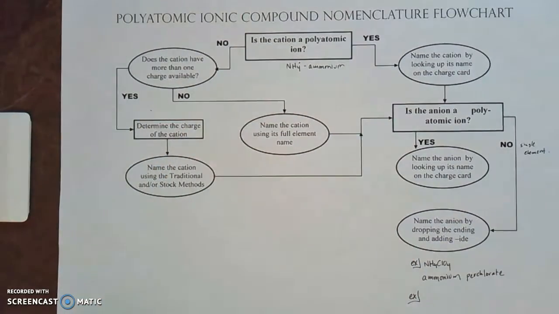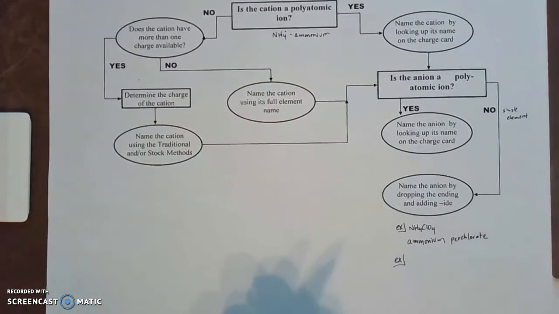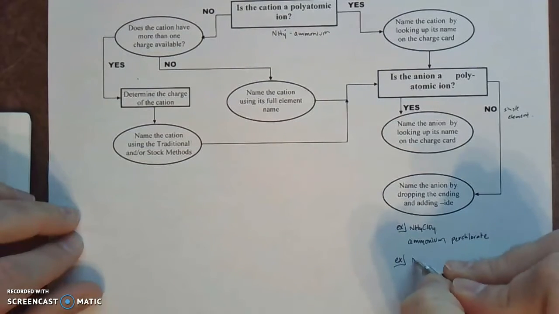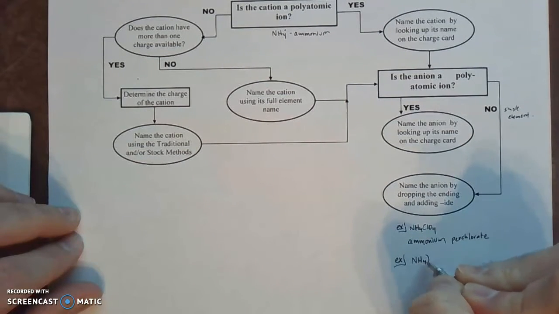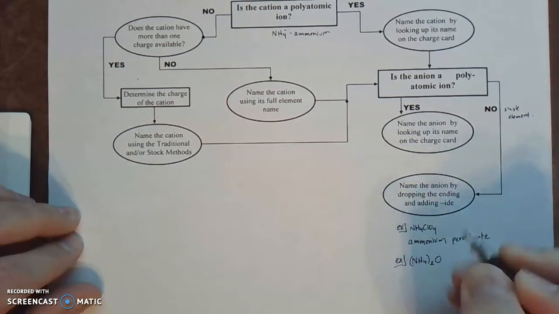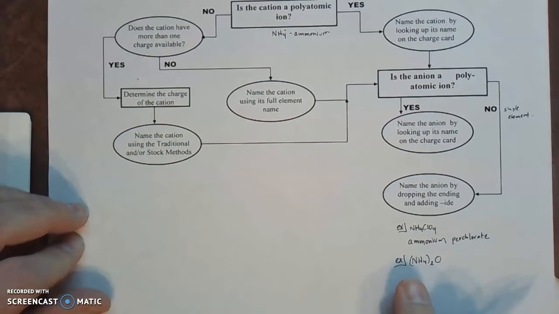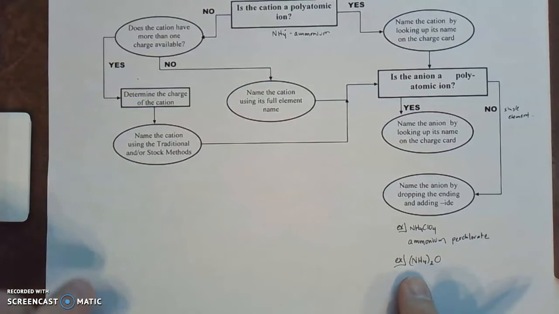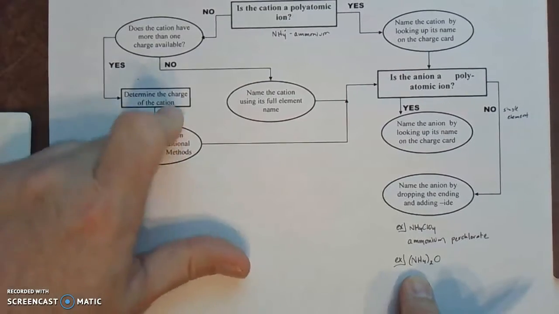If we look at a second example problem, you'll notice that this one we have parentheses. If you see parentheses, you automatically know what's inside of there is a polyatomic ion. So our first thing here is a polyatomic ion.